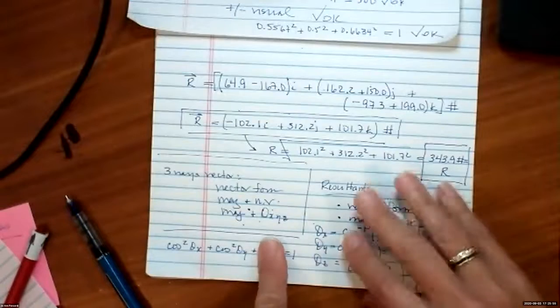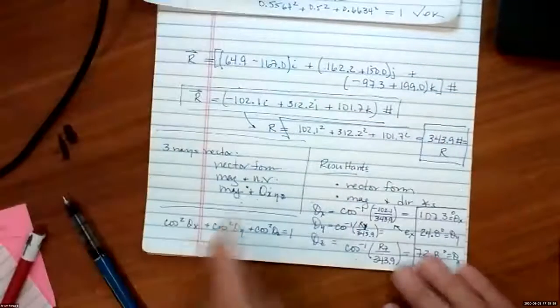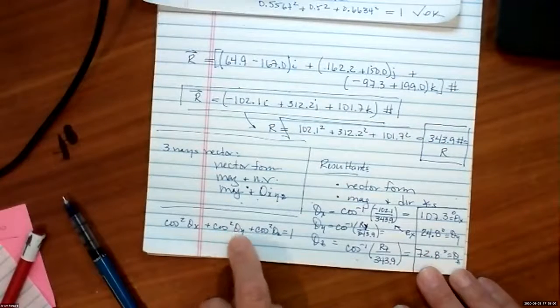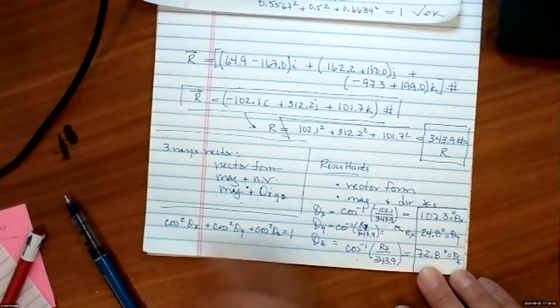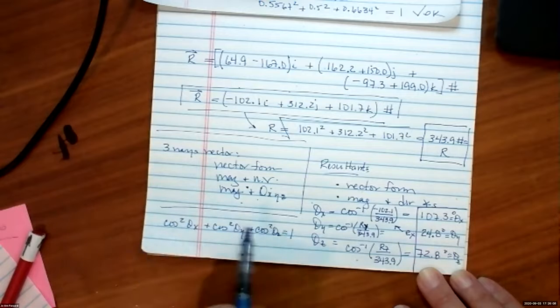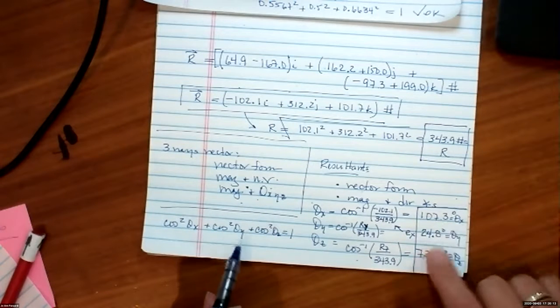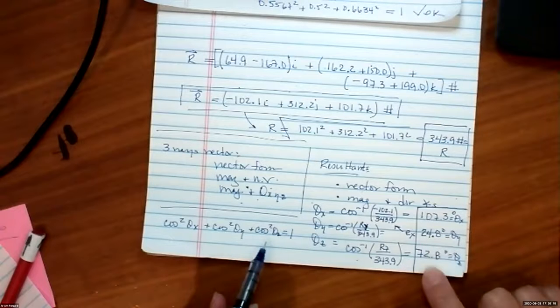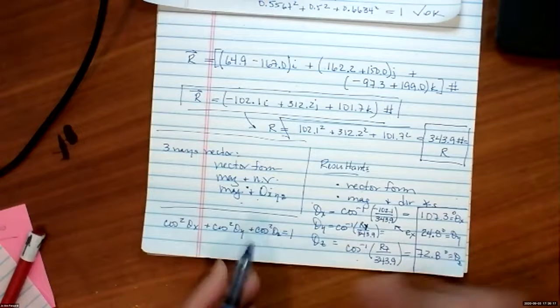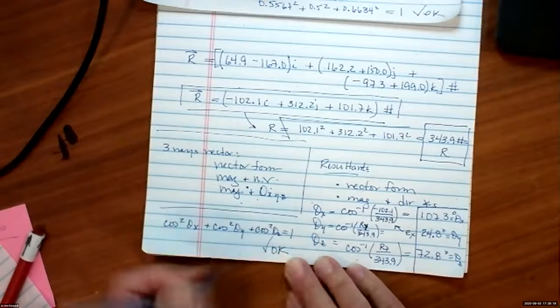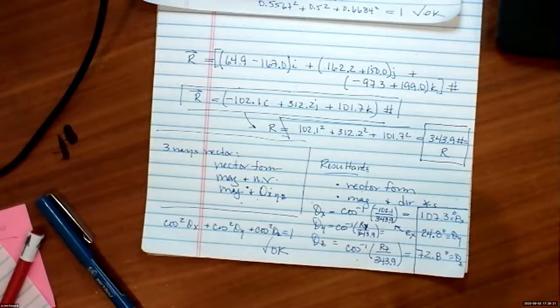In math, you usually only saw it in 2D. You saw cosine squared theta X plus cosine squared theta Y equals 1. Well, this also works for 3D. It's Pythagorean's theorem in a way. It's really a unit vector check. So if I take cosine of 107.3 squared plus cosine of 24.8 squared plus the cosine of 72.8 squared, it comes out to 1, and it does. So that would be my check.